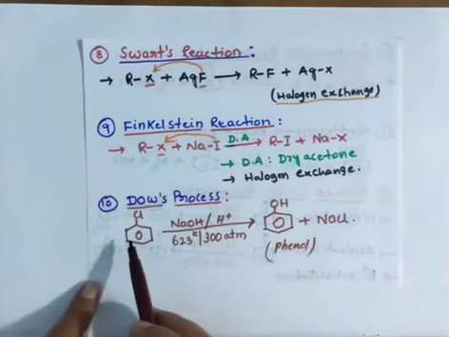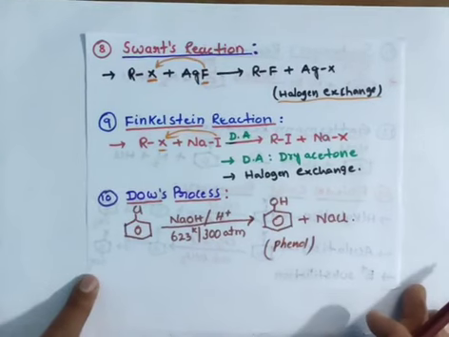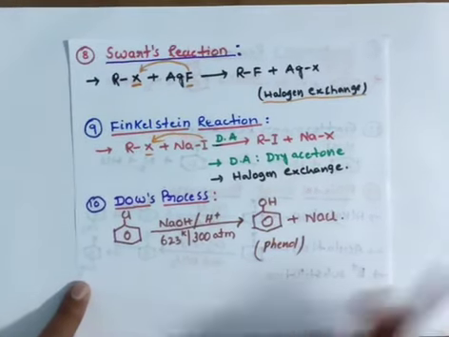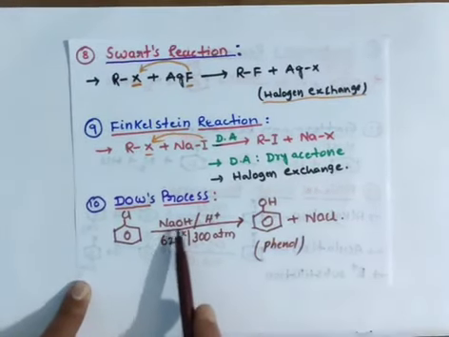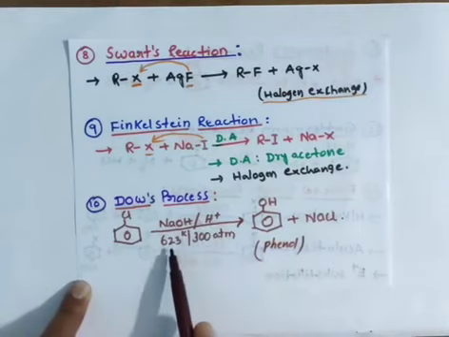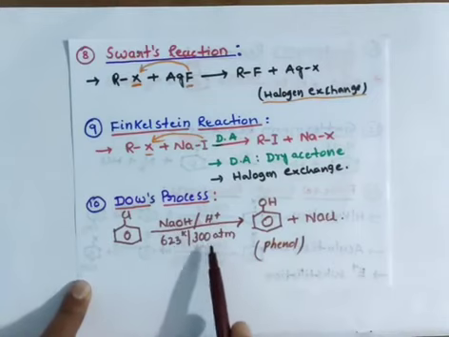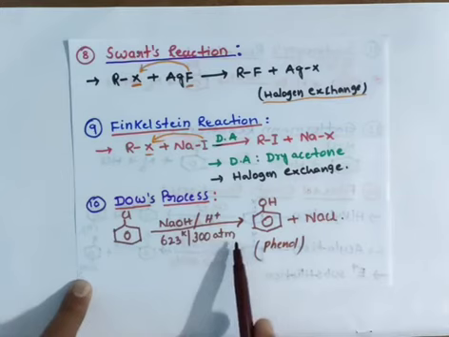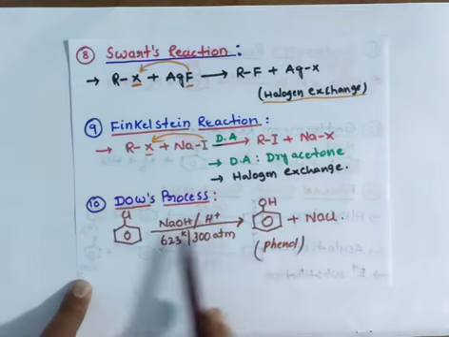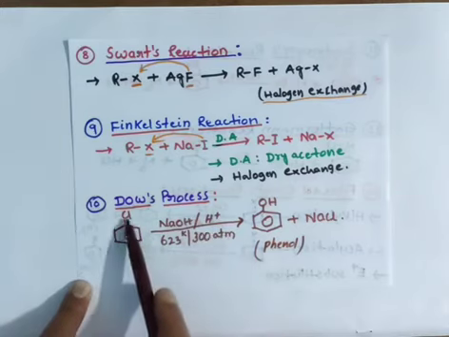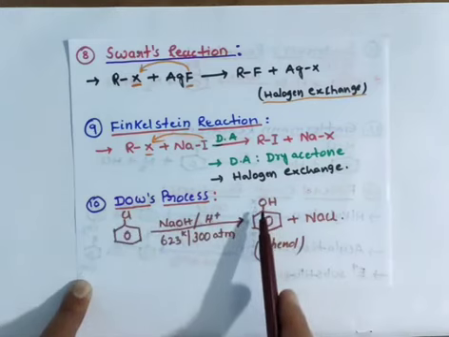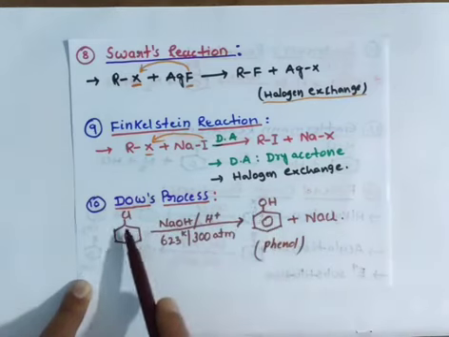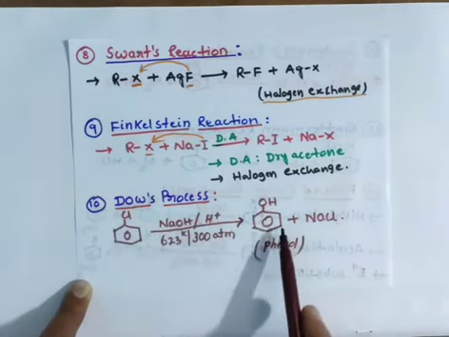Now chlorobenzene is treated with sodium hydroxide, at 623 Kelvin temperature and 300 atmosphere pressure. The conditions are very important. This chlorine is replaced by the OH group, then you are getting phenol.